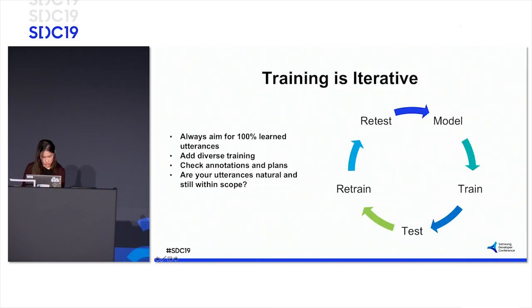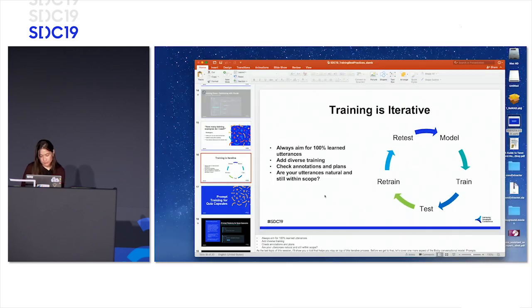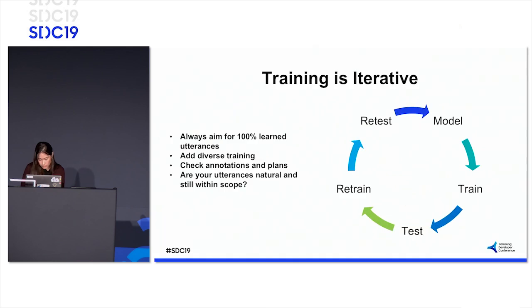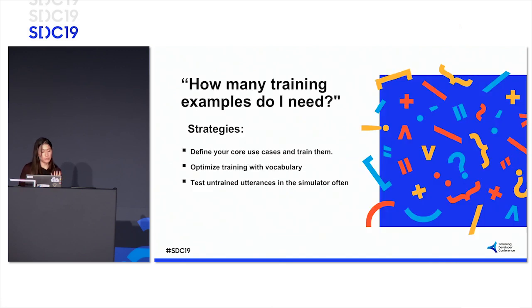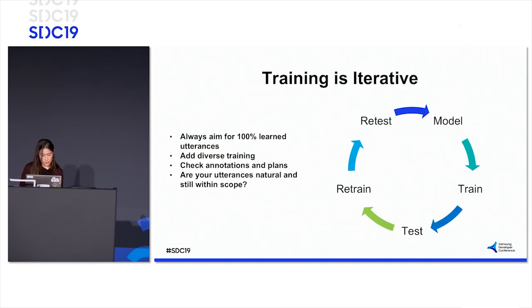Okay, so training. It's an iterative cycle, and these strategies I'm mentioning where you should be having these really strong core use cases and this strong vocab help optimize your training overall. One thing to keep in mind is that this is an iterative cycle, just like any sort of machine learning project.